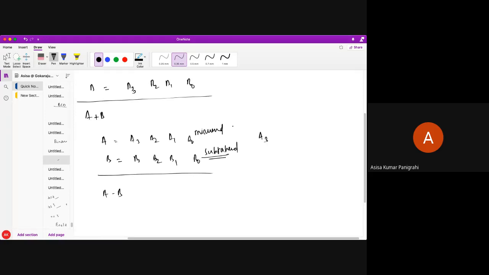In the 2s complement subtraction technique, this will come in the exam, you have to first find the 2s complement of the subtrahend. Am I correct? To find the 2s complement of the subtrahend, I first have to find the 1s complement of the subtrahend, and finally add 1, which gives me the 2s complement of the subtrahend.